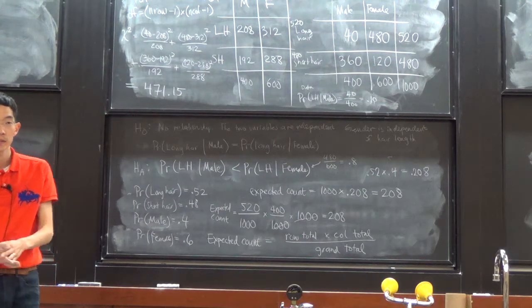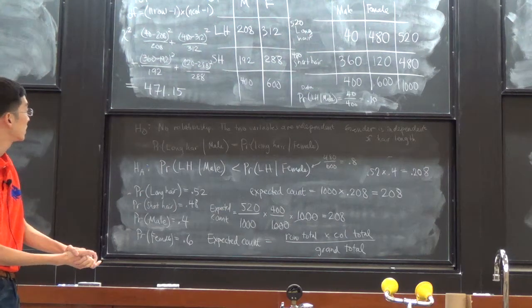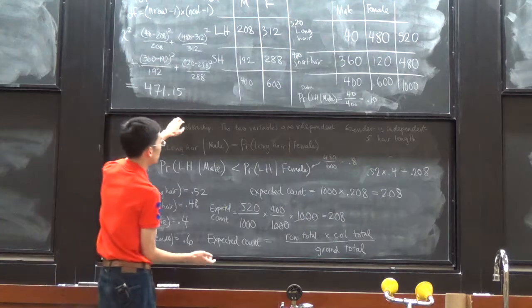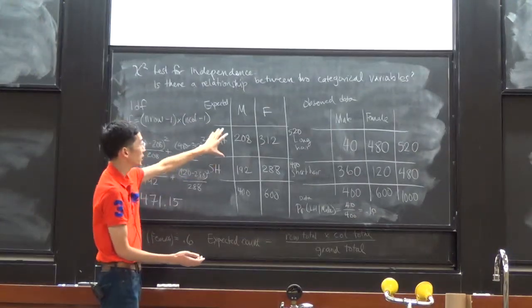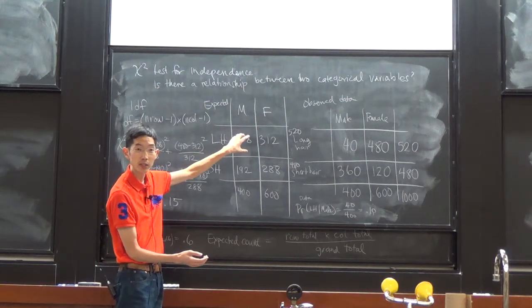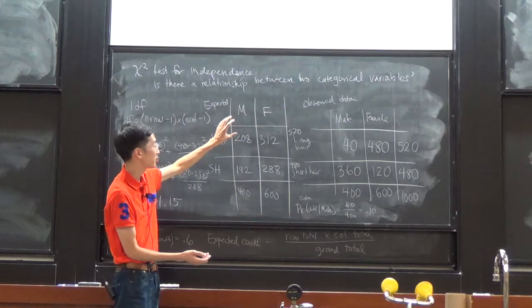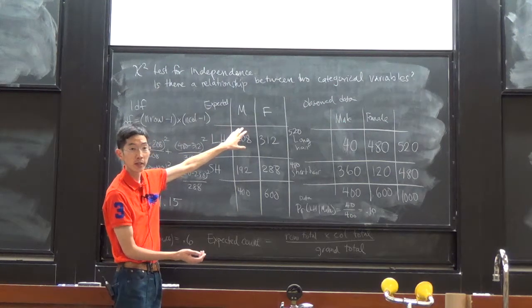So the expected count is referring to what exactly? The 208? Yeah. So this would be if the null hypothesis were true, meaning if gender and length of hair are independent, how many people would we expect to see that are males with long hair?